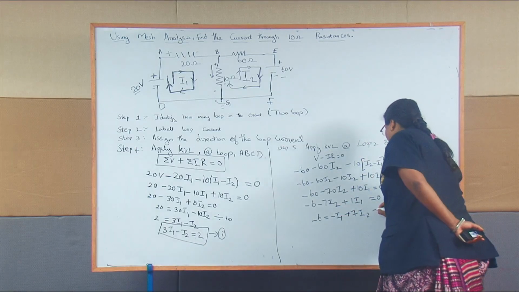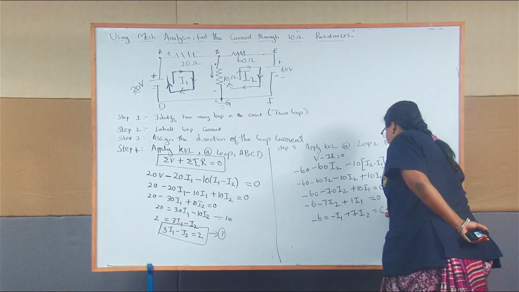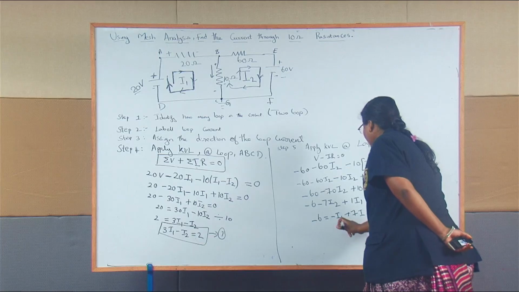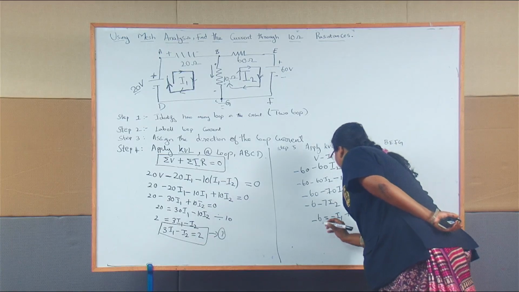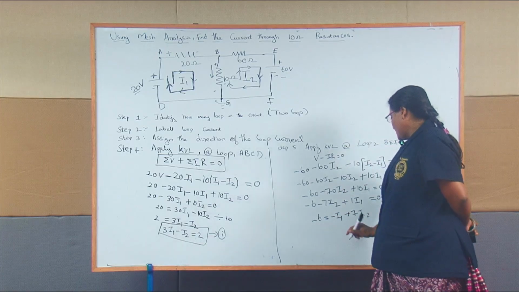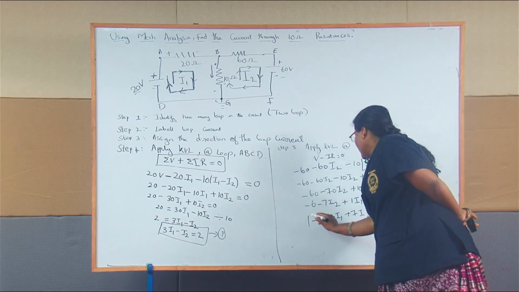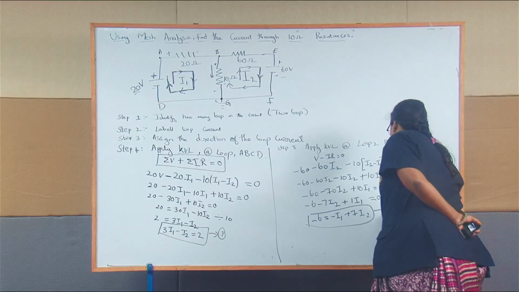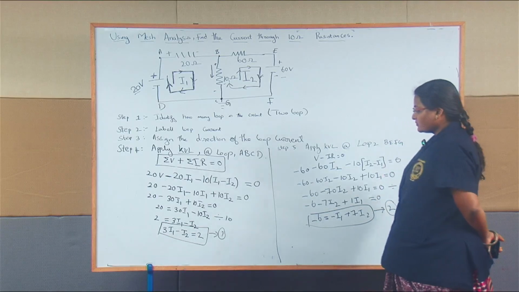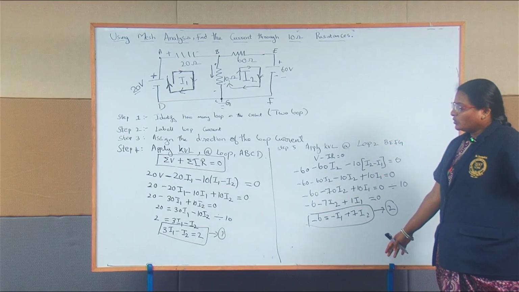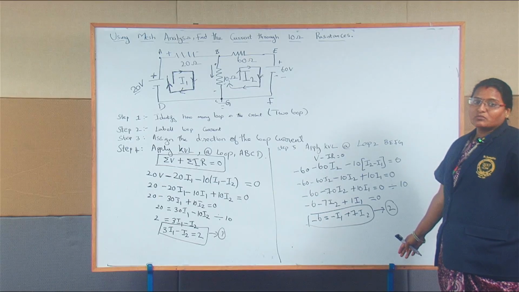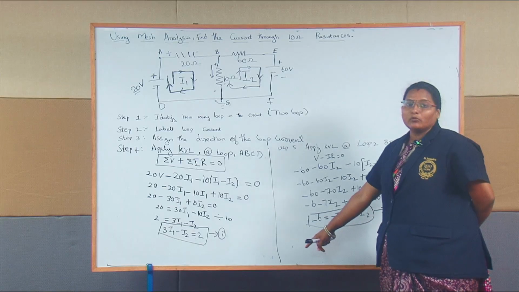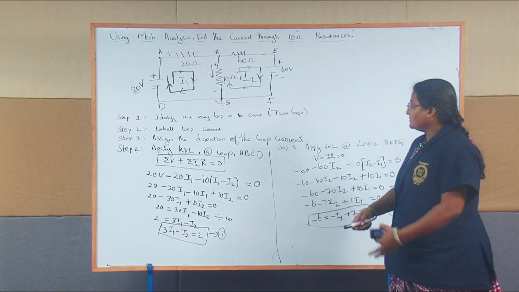Sorry, not equal to 0, we just take that side. So this is your equation 2. So we got two equations. From this system of equations, we are going to find the unknown parameters I1 and I2.